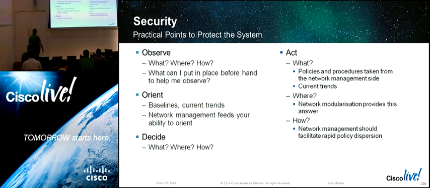So going back to that OODA loop, right? You want to do similar things, right? You want to have baselines. You want to observe what is going on. You want to decide where, how, what type of policy or reaction you're going to apply here. Now, I mentioned before quickly that the security loop is a lot faster. Well, that management loop may result in the action being, well, let's redesign the network, which means you're going to sit there for weeks and come up with plans and stuff.